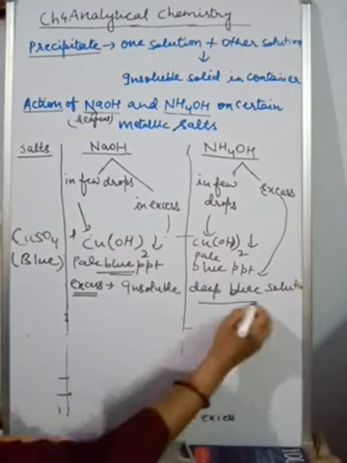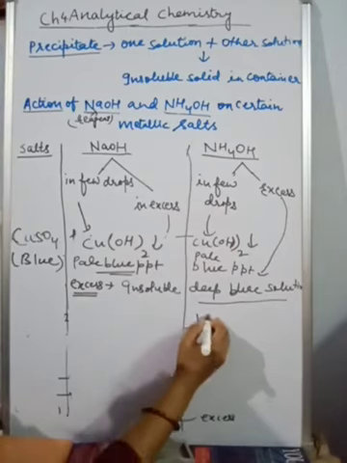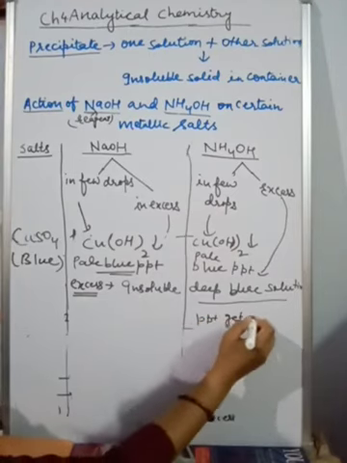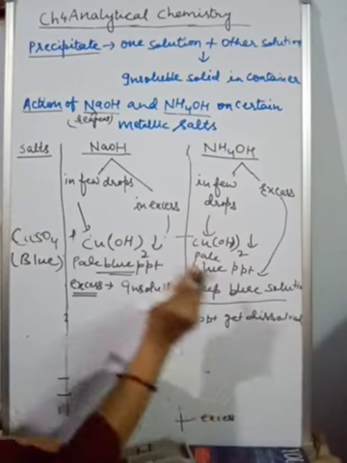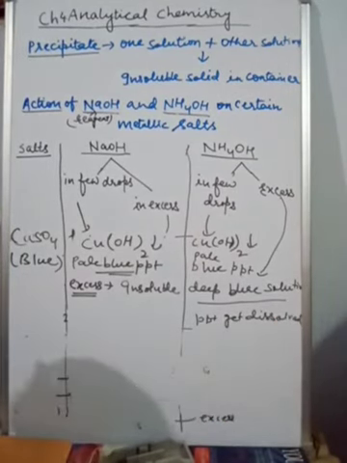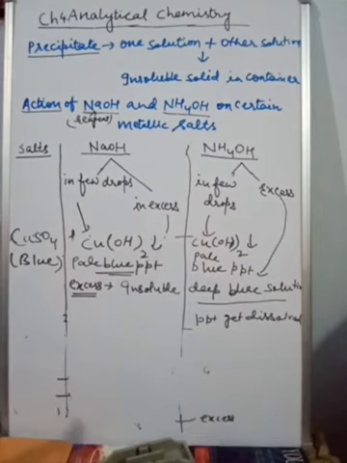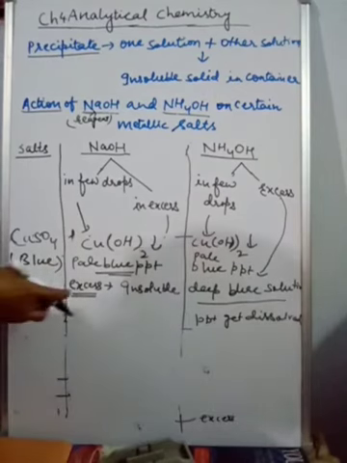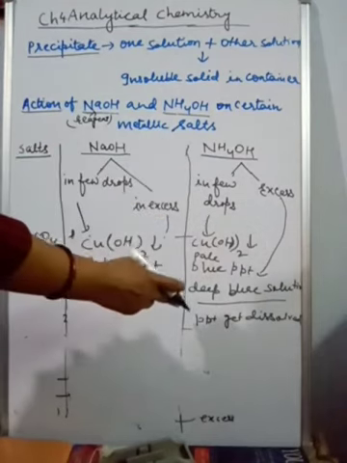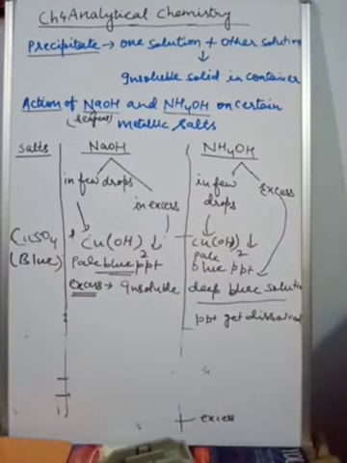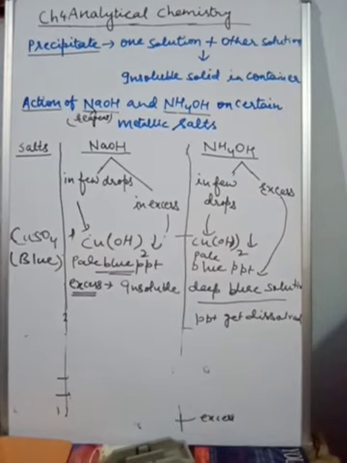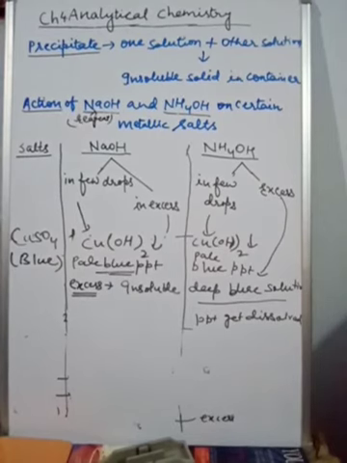Deep blue means the precipitate gets dissolved. Clear, children? So with copper sulfate you get different results in both. Sodium hydroxide is not capable of dissolving the precipitate, but in case of ammonium hydroxide, when you add it in excess quantity, the precipitate gets dissolved, giving you a deep blue solution. Clear, children?